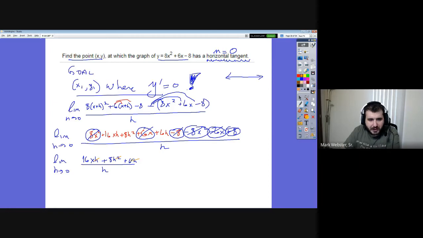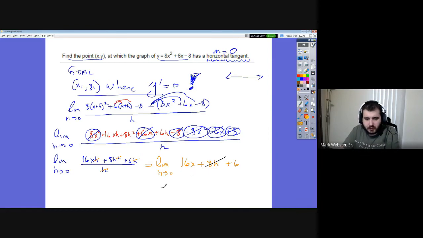One from each of the top and then the bottom. Hey, look at that. Much easier now. Limit as h goes to 0 of 16x plus 8h plus 6. And then we're just going to plug in 0 for h. And look what happens. This term goes away too, right? 8 times 0 is 0.